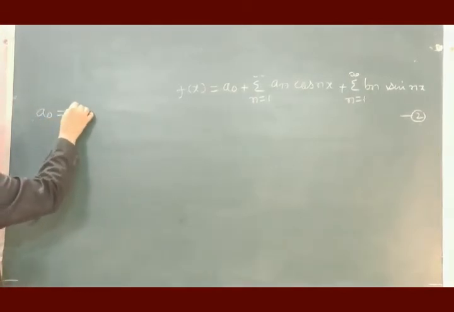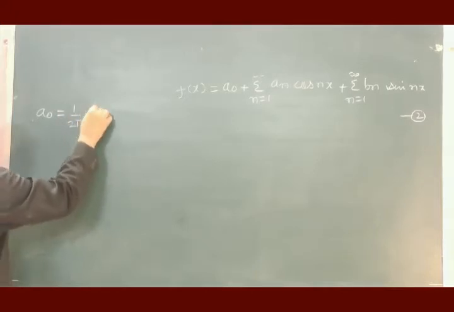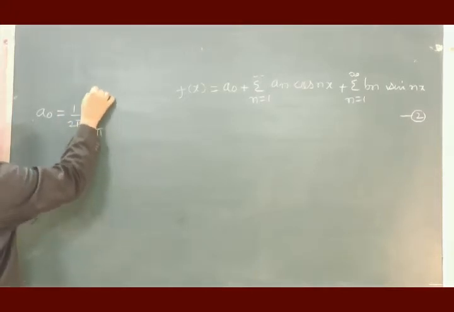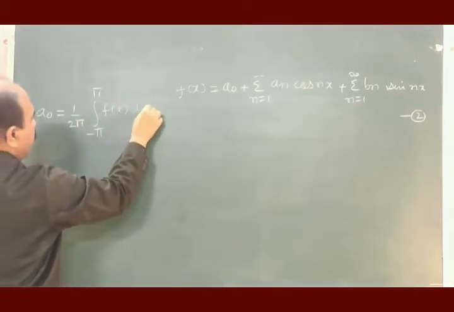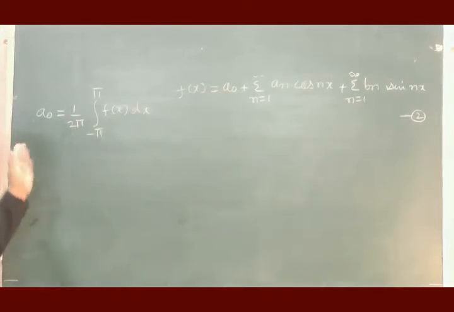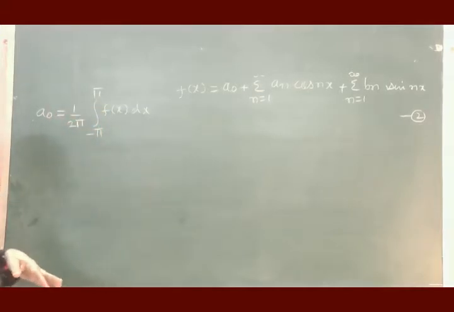A0 is equal to 1 divided by 2 pi integration over minus pi to pi f of x dx.